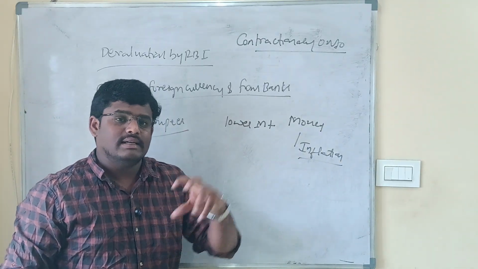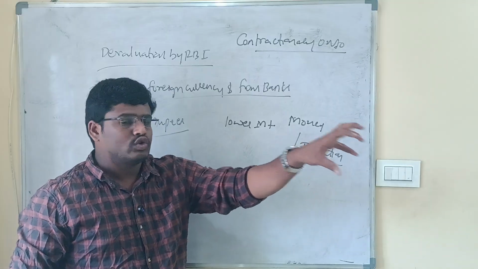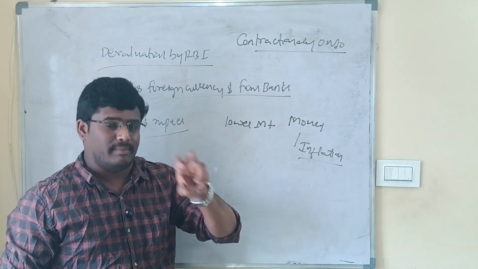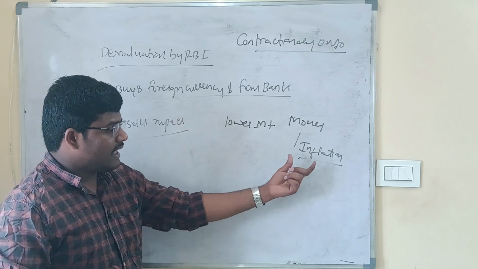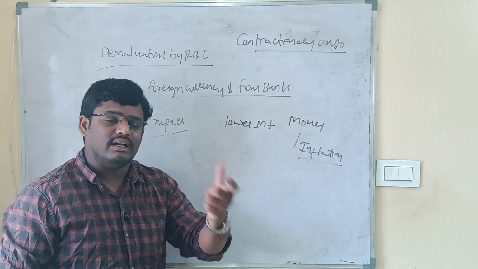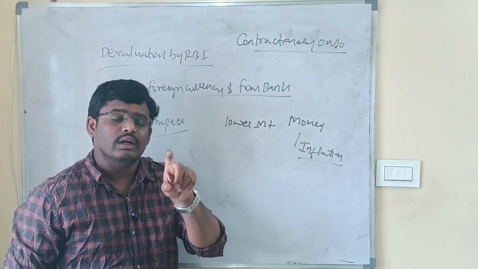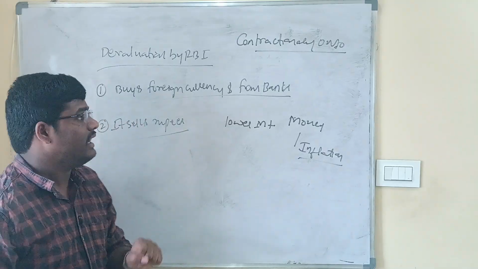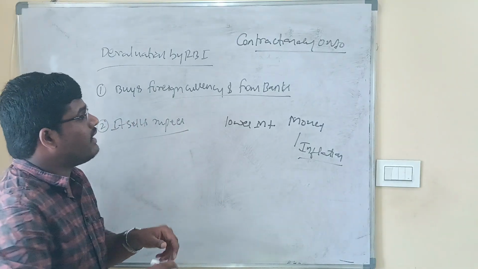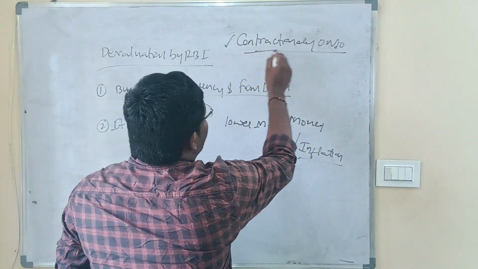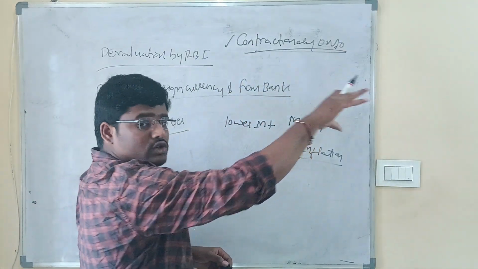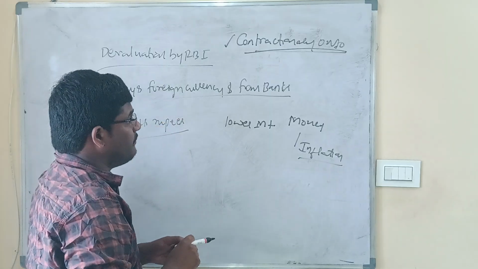RBI sells government securities so that it absorbs liquidity from the banks. So when there is excess liquidity due to the devaluation by the Reserve Bank of India, at that time RBI can use contractionary open market operation so that it absorbs liquidity.